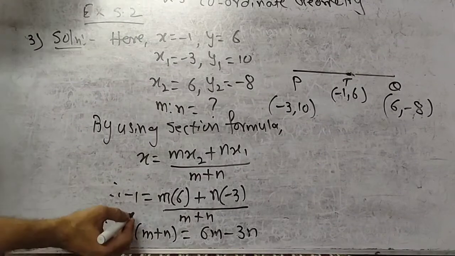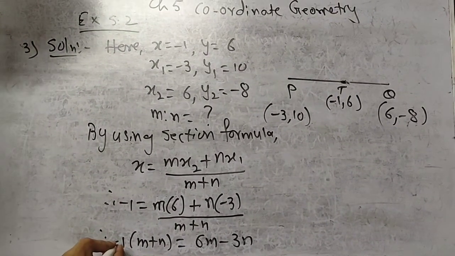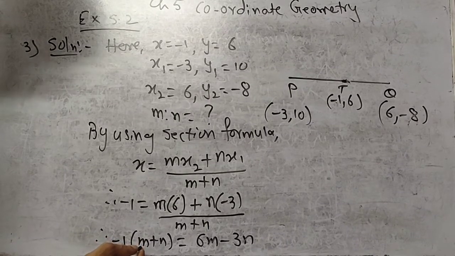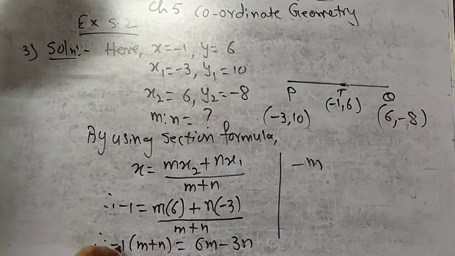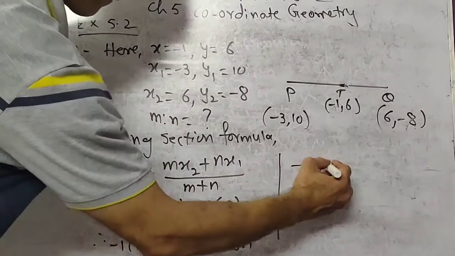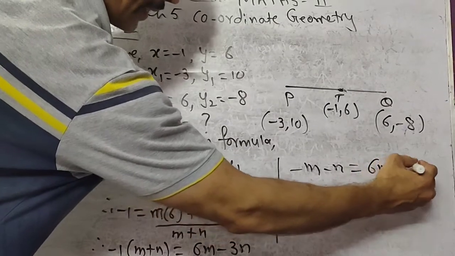Okay, this will come up. Now you will open the bracket. Minus 1 into m will be minus m. Minus 1 into n will be minus n is equal to 6m minus 3n.